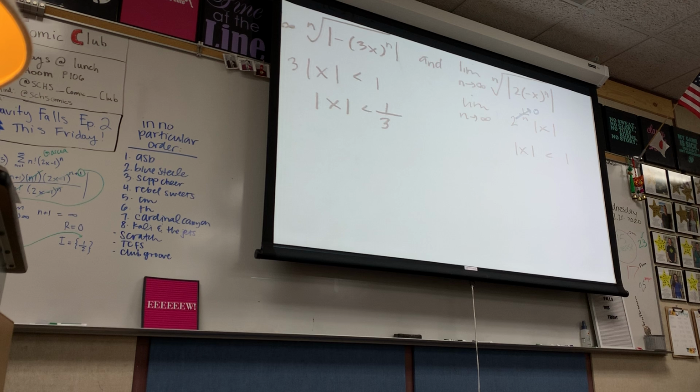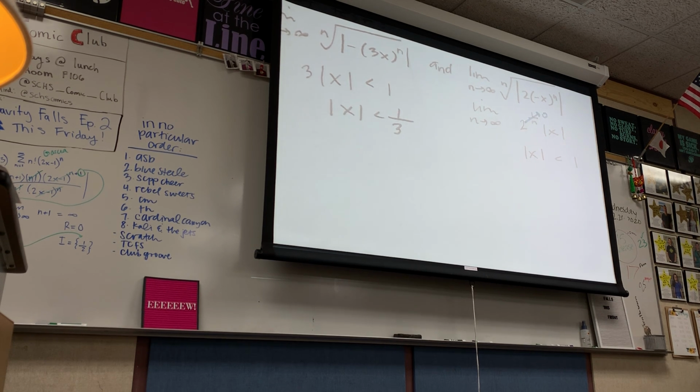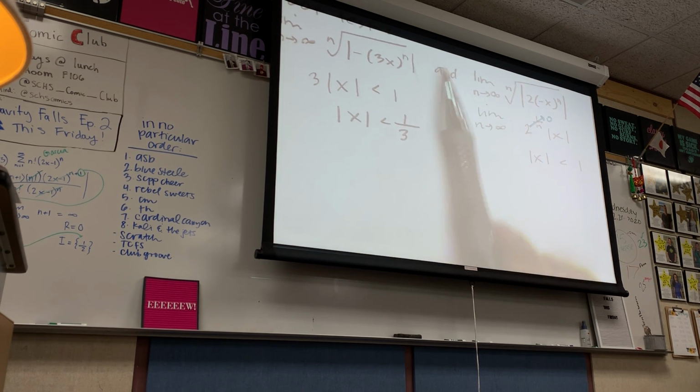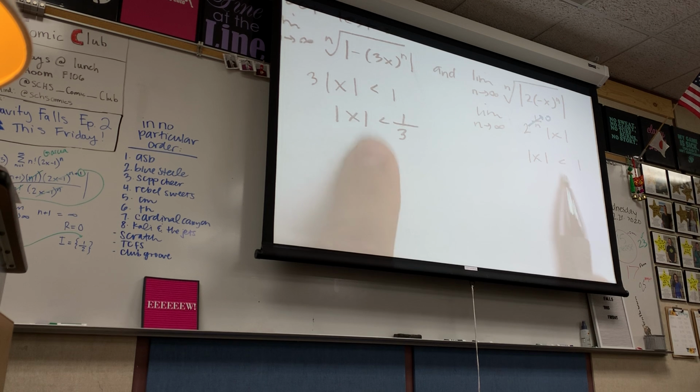Now, here's the deal. I need everyone to stop talking really fast. This is an "and" problem. When you have a sum of two series and you have two different intervals, you take their intersection.